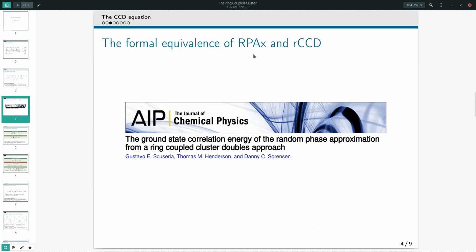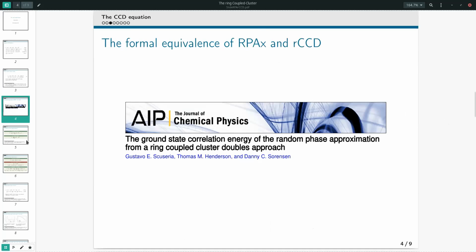Here I use the term RPAX, but Scuseria just names it RPA; it is easier to see which terms are in the RPA if we call it like that.